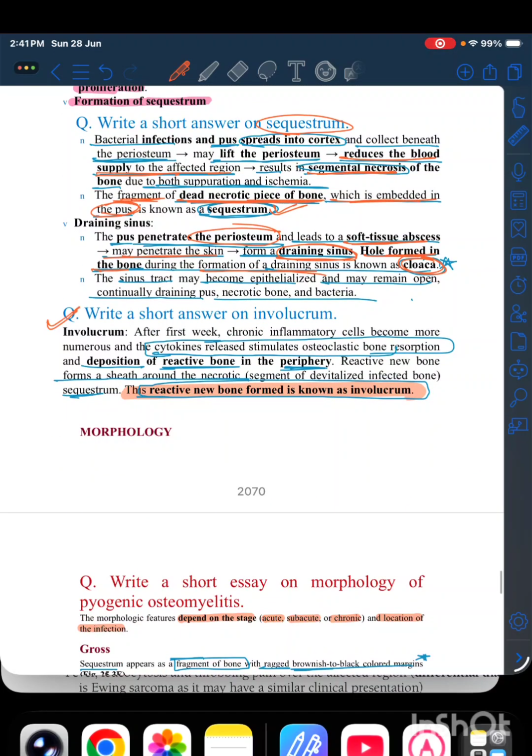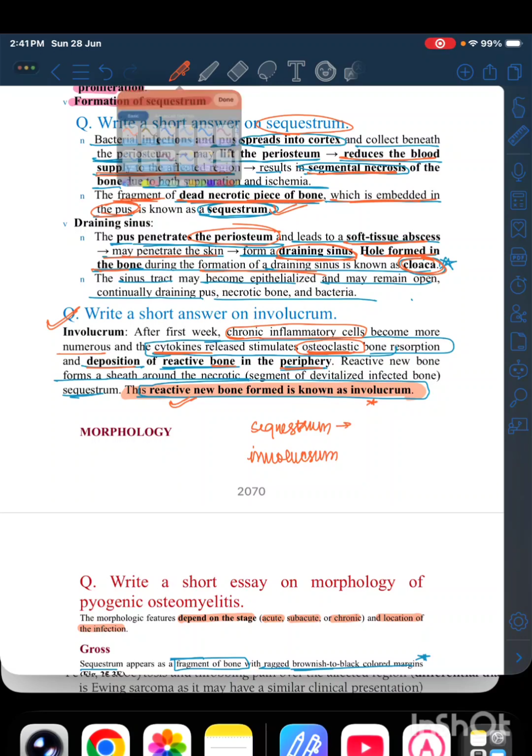Now what is involucrum? After the first week, chronic inflammatory cells become more numerous. There will be cytokines like platelet-derived growth factor, all released to stimulate the osteoclasts. Now there will be deposition of bone in the periphery. The reactive new bone which is formed is known as involucrum. So we have sequestrum and involucrum.